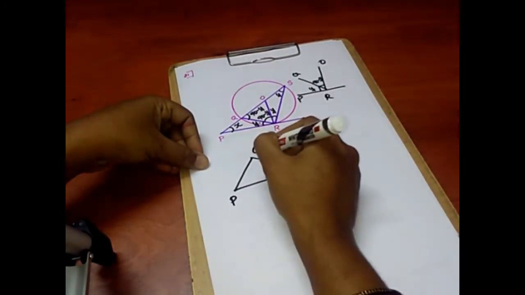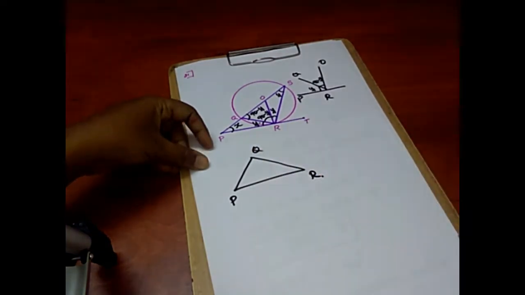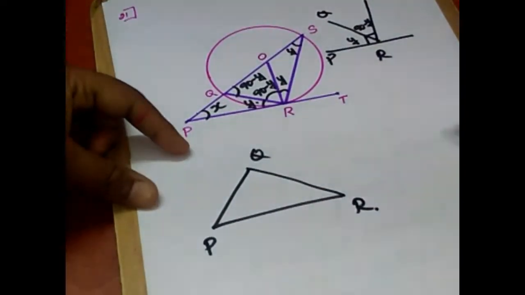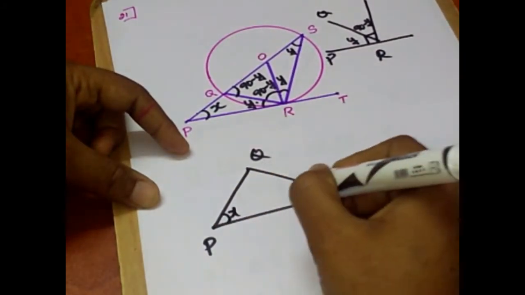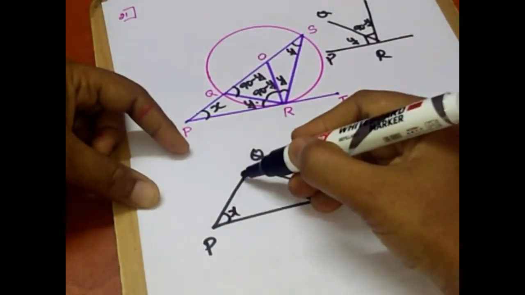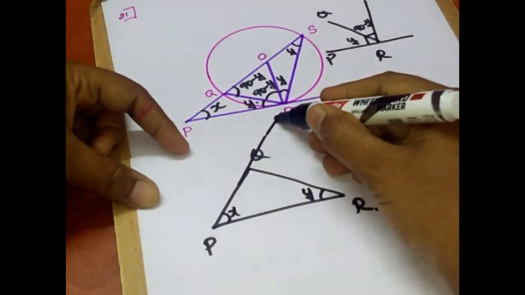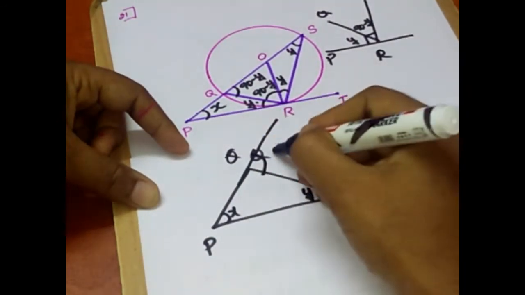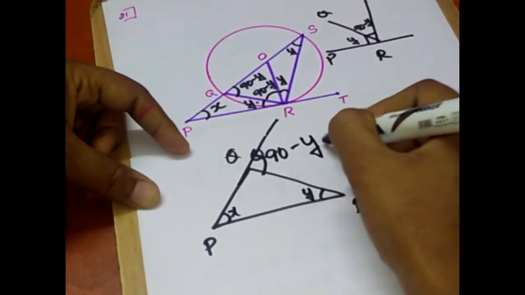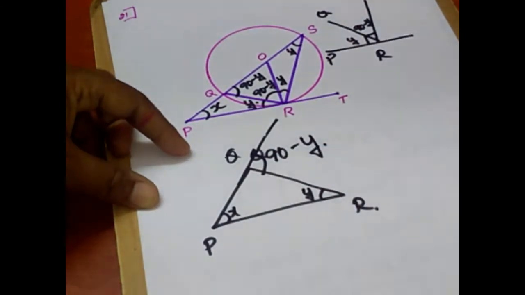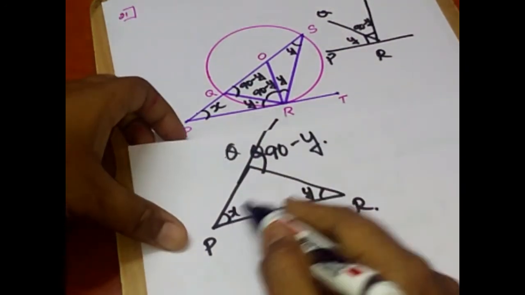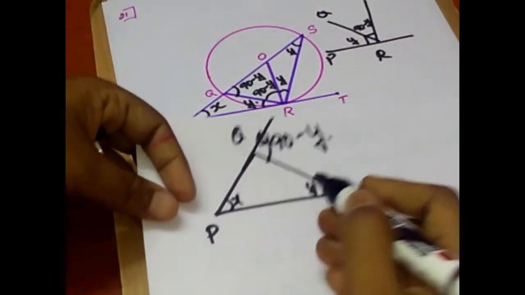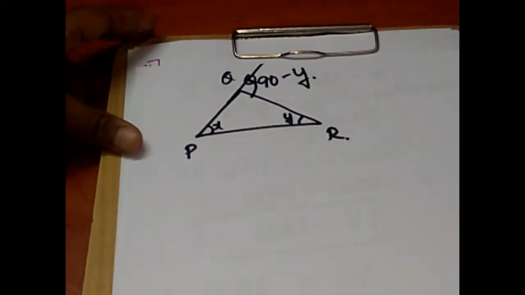This is P, this is Q, this is R. Here we can notice angle P is marked as X, angle Q is marked as Y, and PQ is extended so that exterior angle is equal to 90 minus Y. We know that exterior angle is equal to sum of two interior opposite angles. So based on this concept, let us frame an equation.